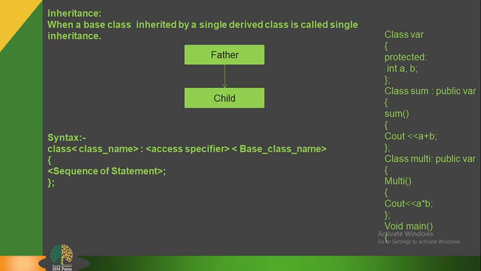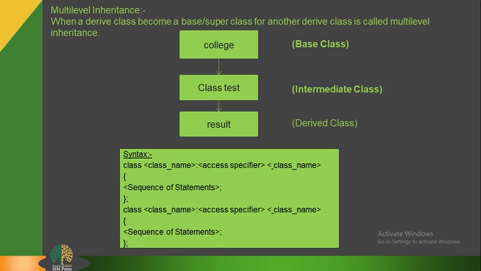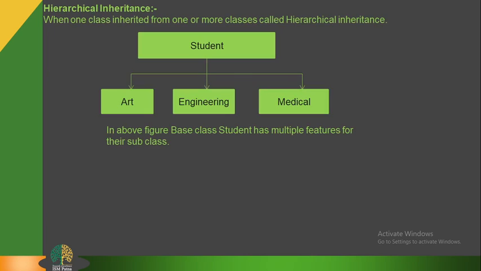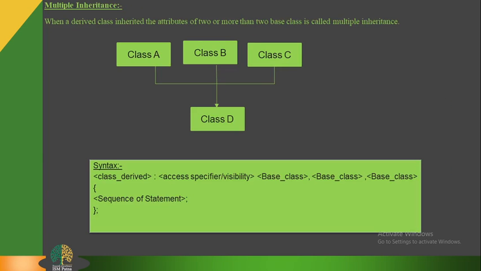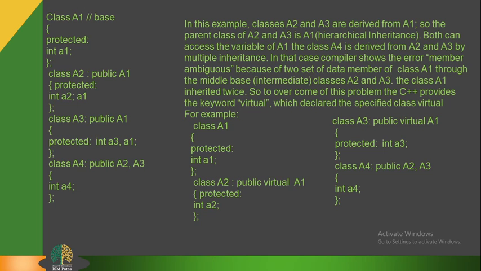If we talk about inheritance in C++, inheritance has different categories. The first one is single inheritance. The next is multi-level inheritance, hierarchical inheritance, hybrid inheritance, multiple inheritance, multipath inheritance.